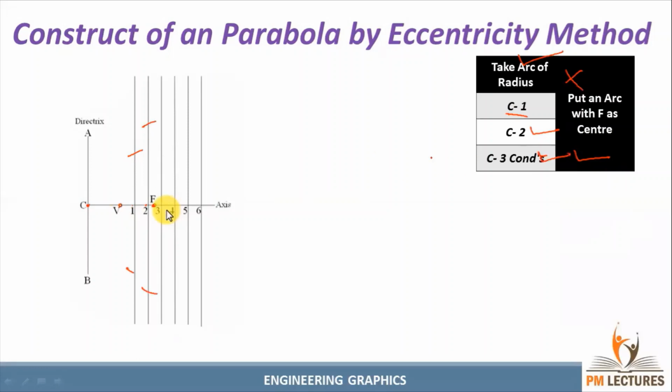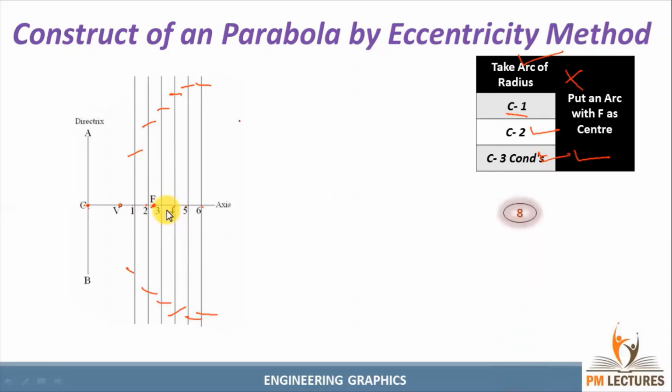Similarly measure C4, C5, and C6, each time with F as center, and make arcs. Like this we need to make the arcs.